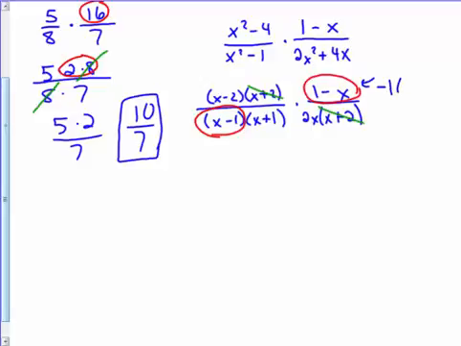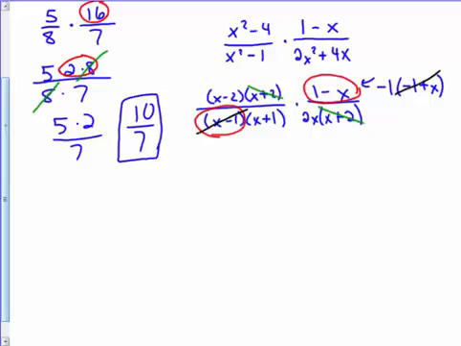So I pull out a negative 1. When I pull out a negative 1, I have negative 1 plus x. And that's the same thing as x minus 1 here. So now, these two are the same. They are going to cancel out. So those two things cancel out.